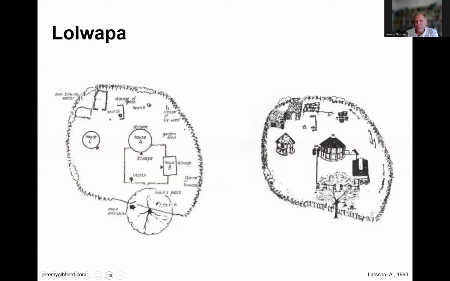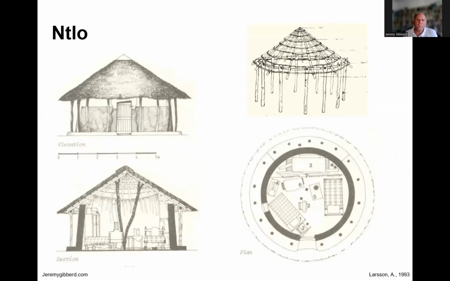And so you can see the structure drawn here, where you have the outer perimeter. There's an entrance, and then you have the lolwapa, and then the more important house, the less important house, and then activities at the back of the yard in terms of things like where animals are kept, toilets, cooking, etc.